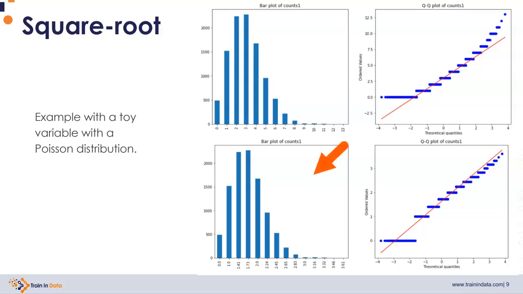In a histogram, it's very hard to see the change, but we can see the change that the transformation caused on the variable if we create a QQ plot. Here we can see that the variable doesn't follow the red line, but after the transformation, the counts are more aligned over the red line. So this is a more, if you want, Gaussian-looking transformation of this count-based variable.